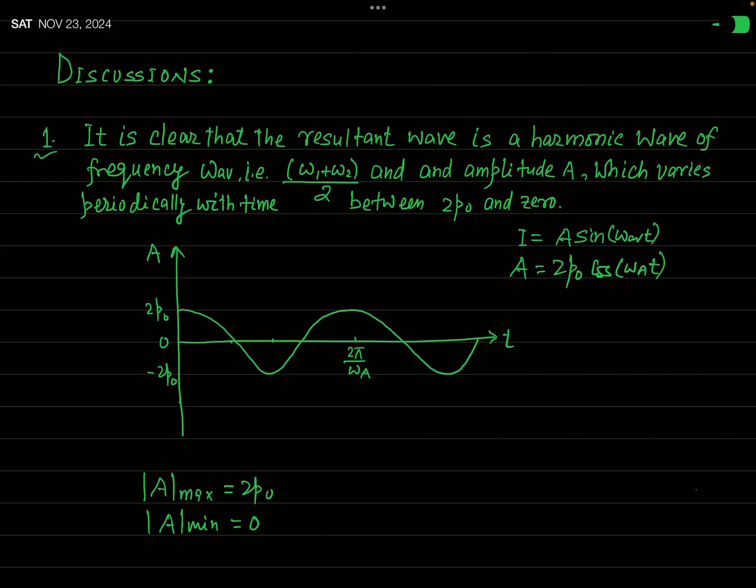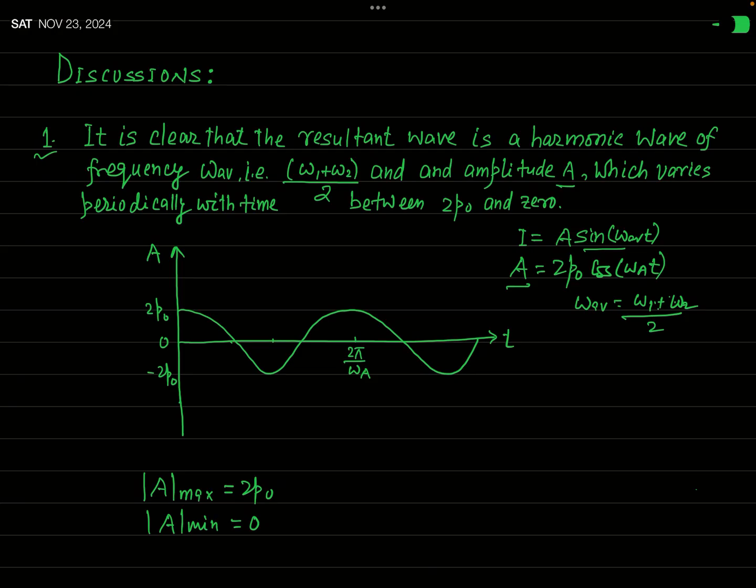So you can see that the resultant wave is a harmonic wave, as I have told you, and its frequency is equal to omega AV, and omega AV is actually the average of omega 1 and omega 2. This is the average of these two frequencies, and its amplitude is A.